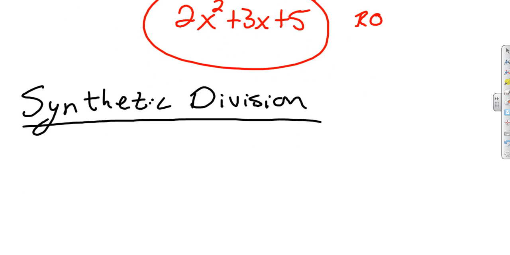For the most part, yeah. With long division you can do any problem anyway. Synthetic division, first you have to divide by just x plus a number.